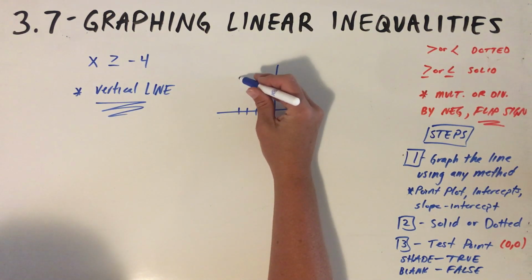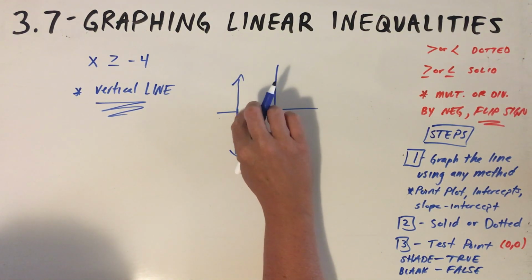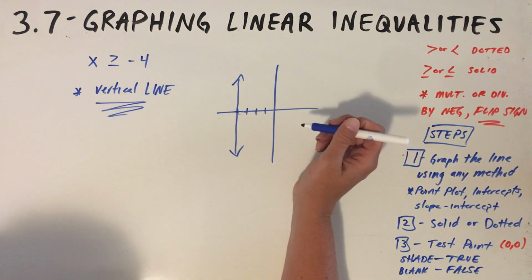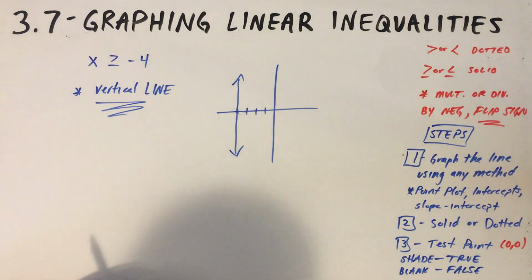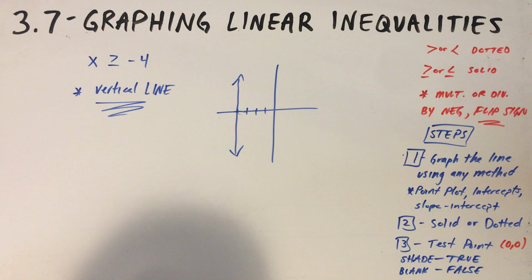Well, x is always -4, so it is going to look like this. Since it's at -4, this will be real quick if I recognize this. If not, I'm going to be in trouble. All right, so I've got a vertical line at x equals -4.